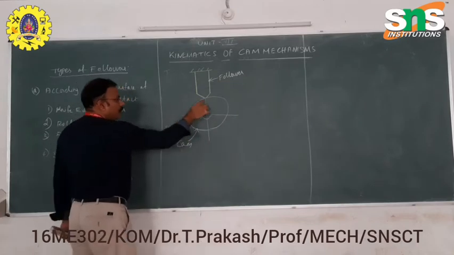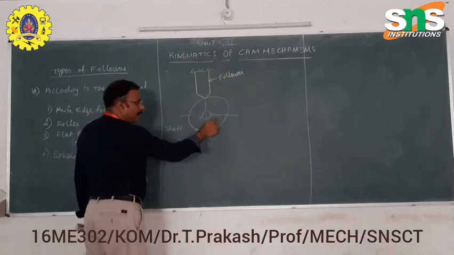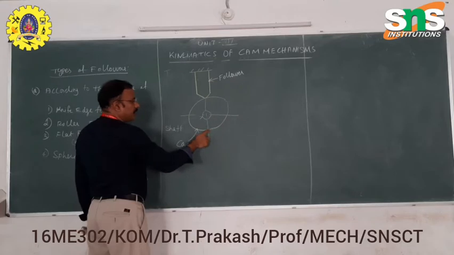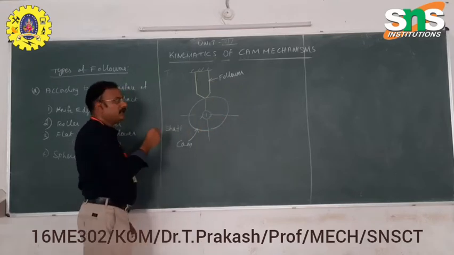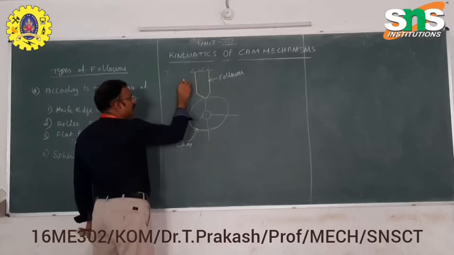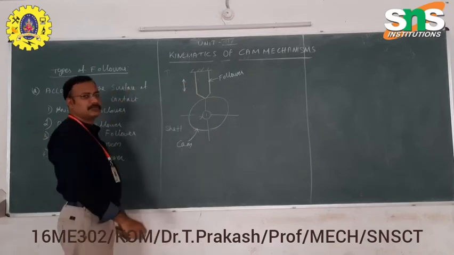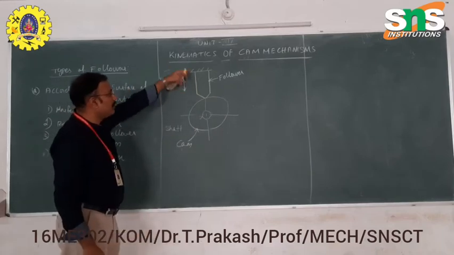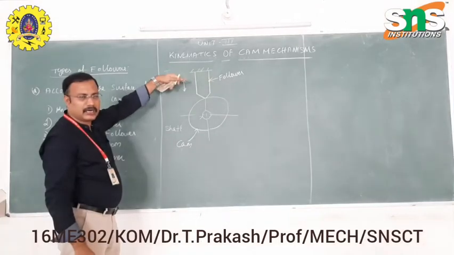In this type, the shaft rotates, therefore the cam also rotates. When the cam rotates, due to the nature of the cam profile, the follower has a translation motion, that is, the movement of the follower will be in the upward and downward direction.